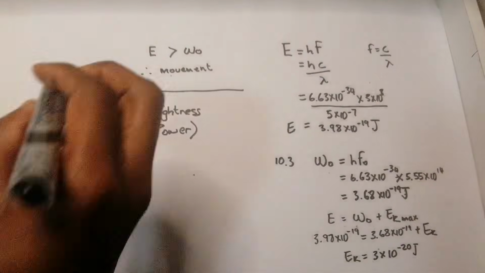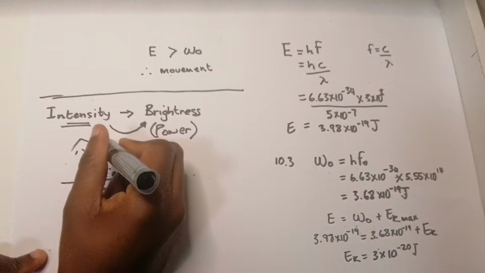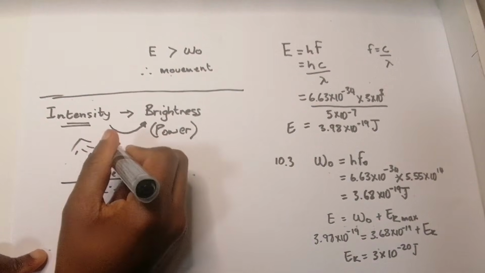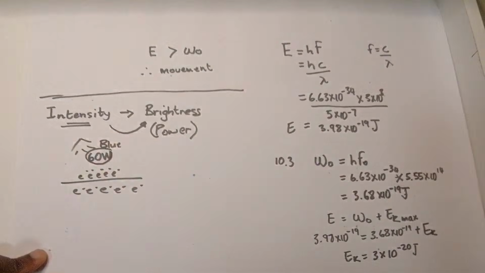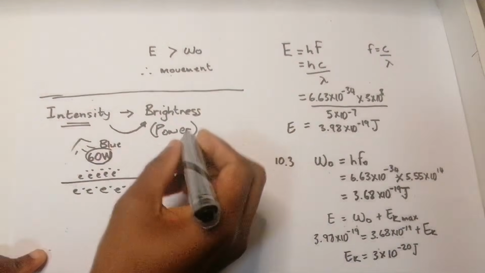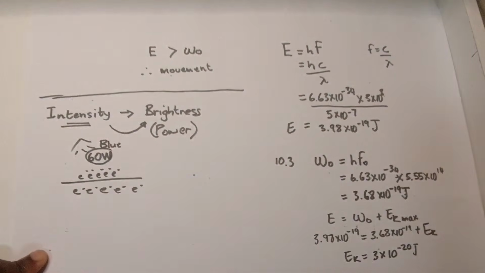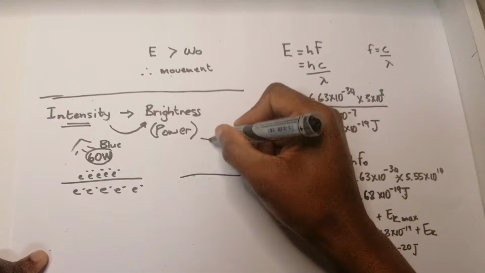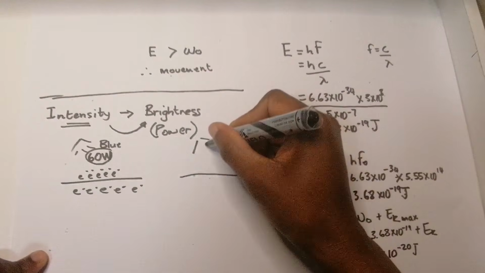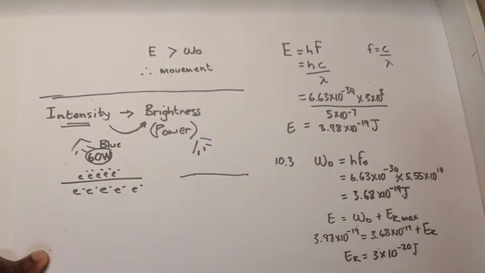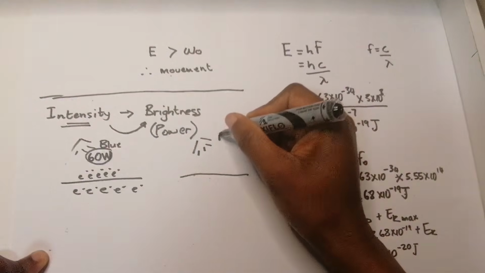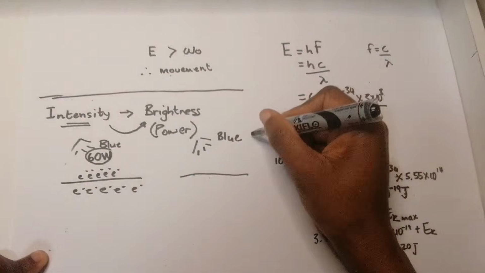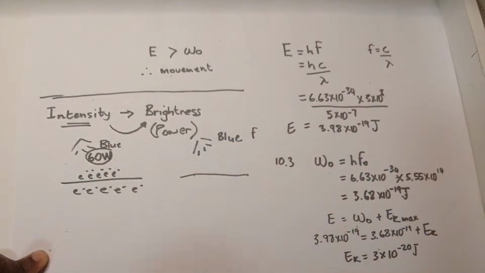And we're using, let's say, blue light. So this is blue light, but the power is 60 watts. But now, let's say I still use blue light, but in this case, I use a brighter form of blue light. Now, ladies and gents, please note, if it is still blue light that I am using, remember that frequency has not changed.